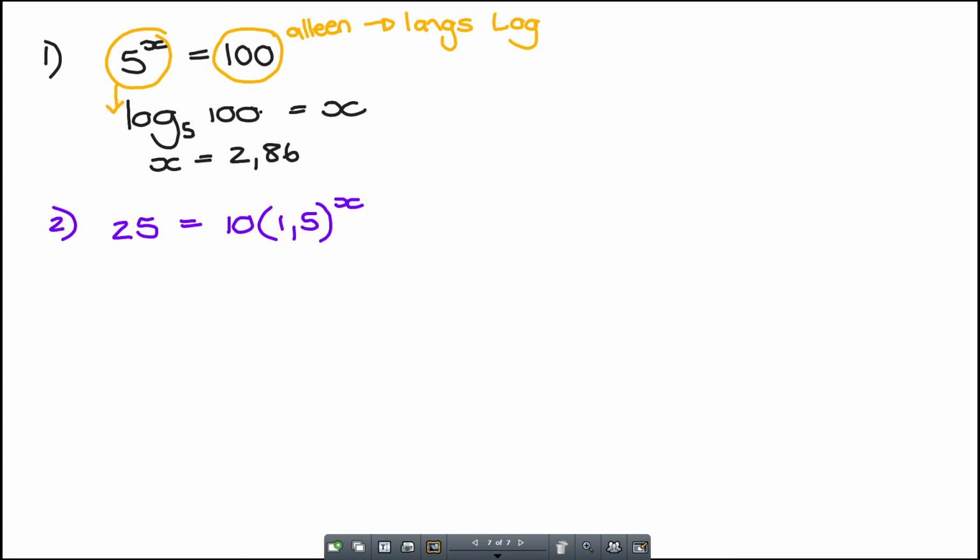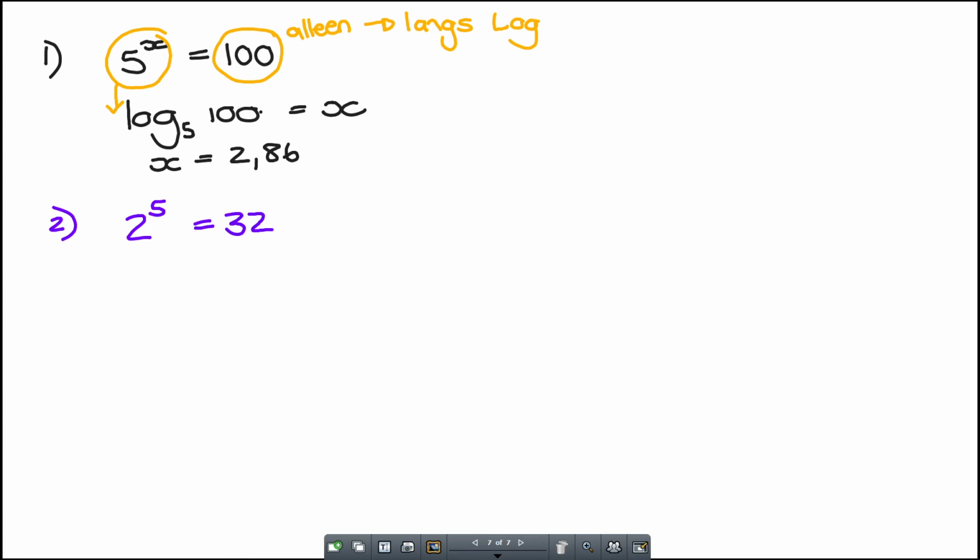Okay, so kom ek sê net gou daarso. Before I can go further, nee? Eintlik, wag. Ek wil nou te vinnig vir julle gooi en dan is dit 'n bokrom. Kom ons vat 'n ander enetjie. 2 to the power of 5 is equal to 32.